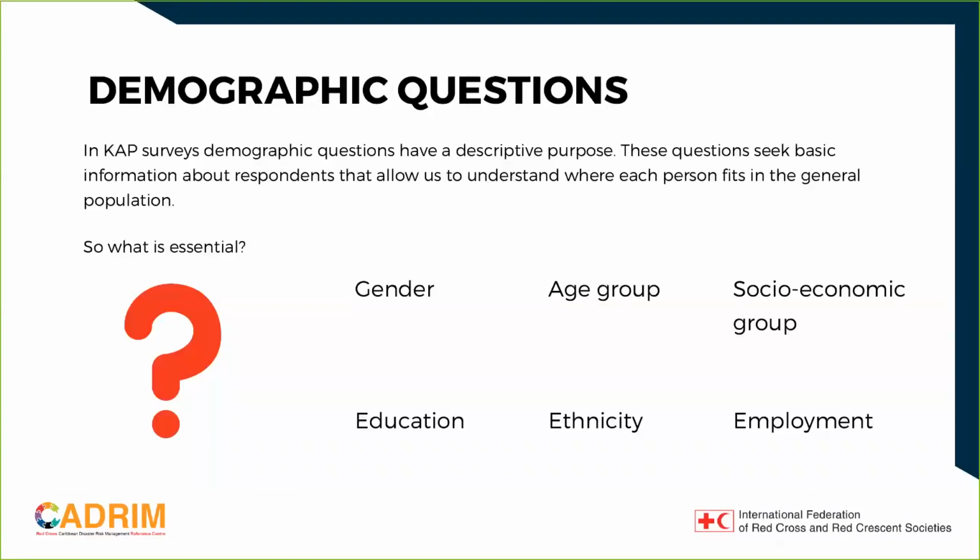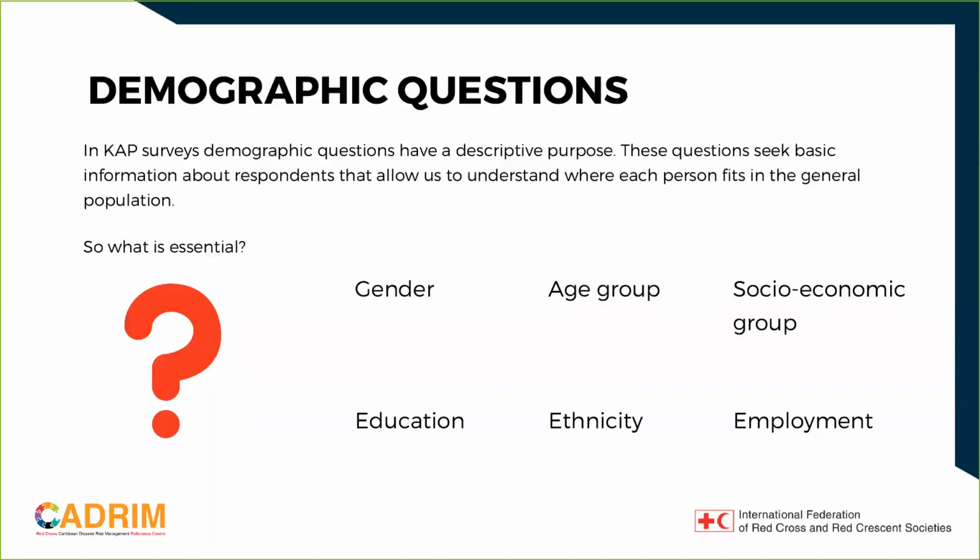All right, so I'm going to move on to the next slide, and we're going to expand on the demographic questions. Now, there are usually about 8 main demographic questions that are considered the essential questions to ask. But of course, it depends on the purpose of your survey. Now, in KAP surveys, demographic questions have a descriptive purpose.